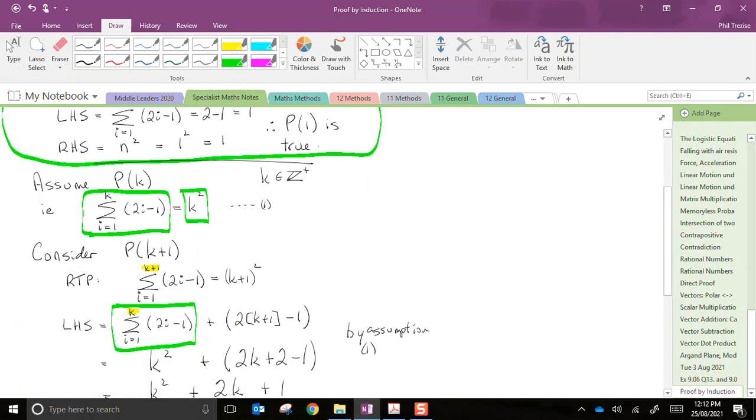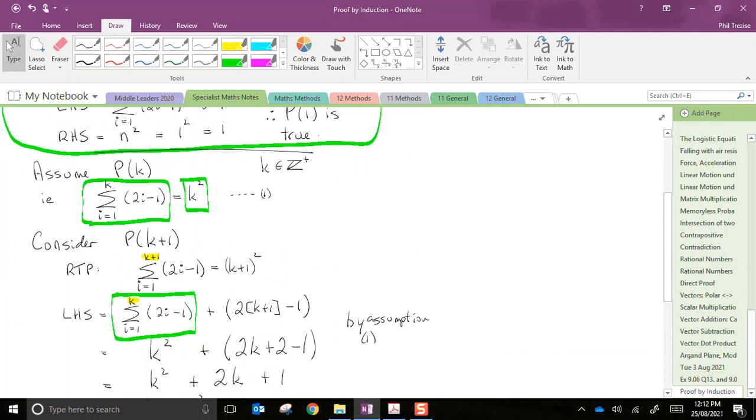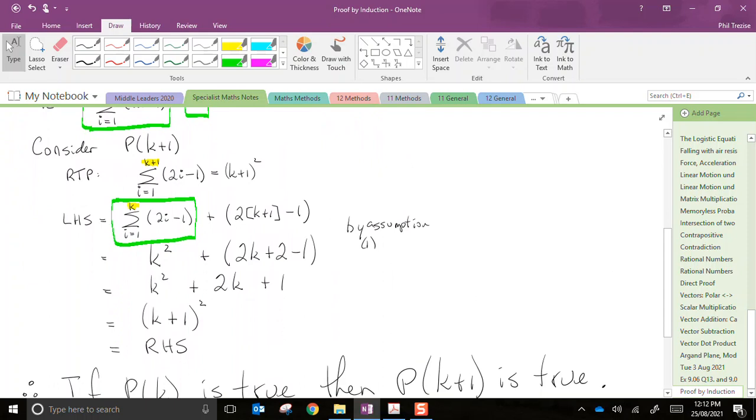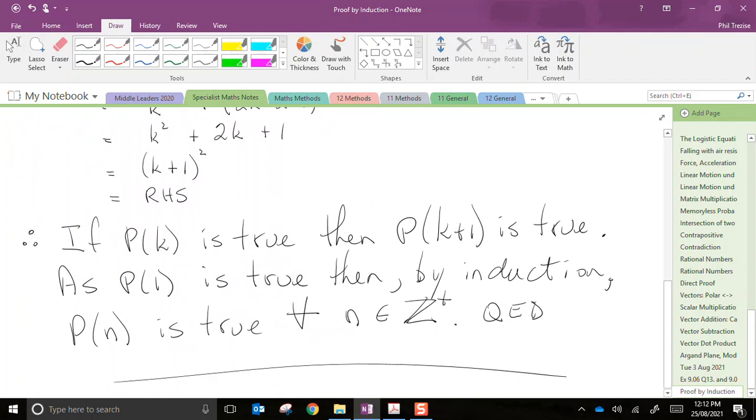Then we will make an assumption that the proposition is true for some value k. We will use that assumption to prove necessarily that the following case is also true, that proposition k plus 1 is true. And that's enough. It's enough then to say that proposition 1 is true, so it follows that proposition 2 must be true. If 2 is true, then proposition 3 must be true, and so on forever.